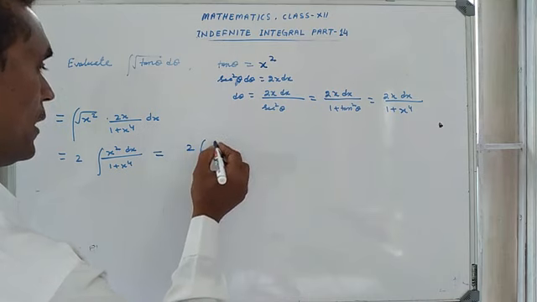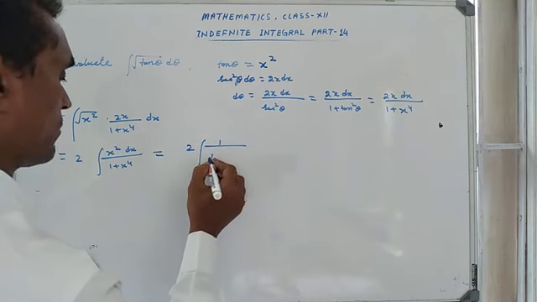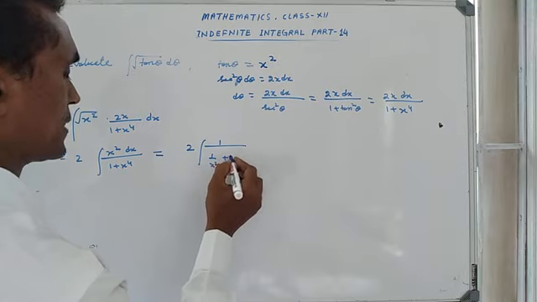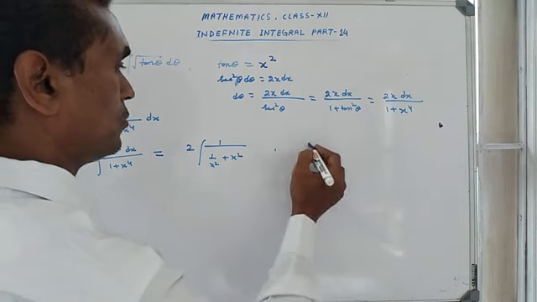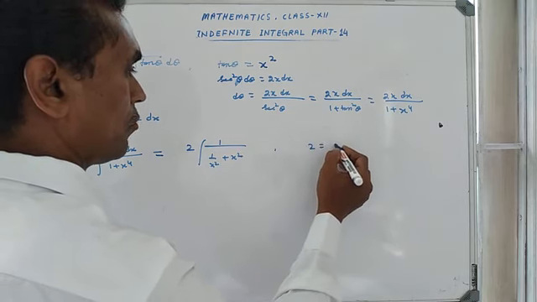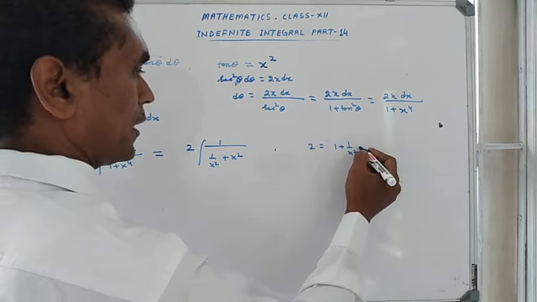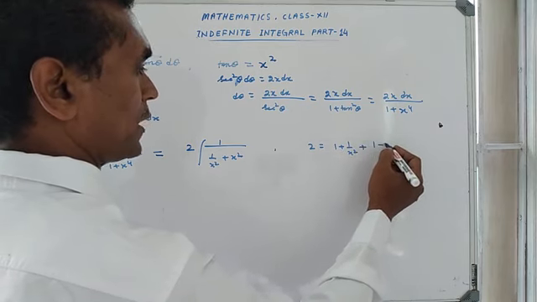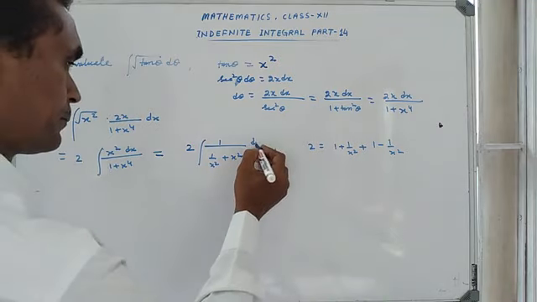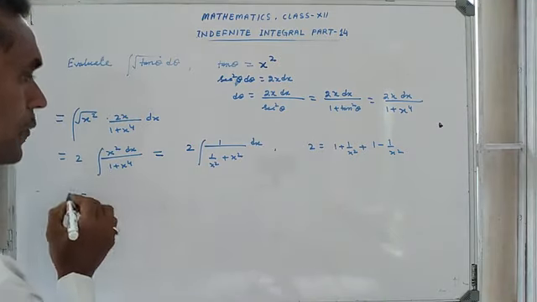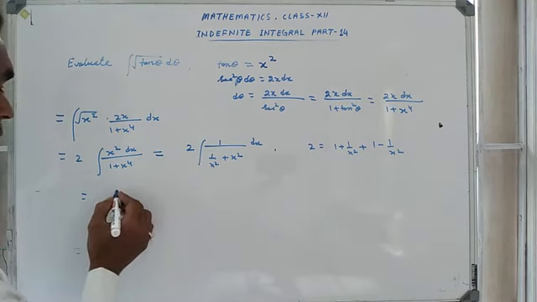2 and 1 by x square and plus x square. So again 2 we are getting, so for 2 we can write 1 plus 1 by x square and plus 1 minus 1 by x square. So you write down that thing and divide separately.